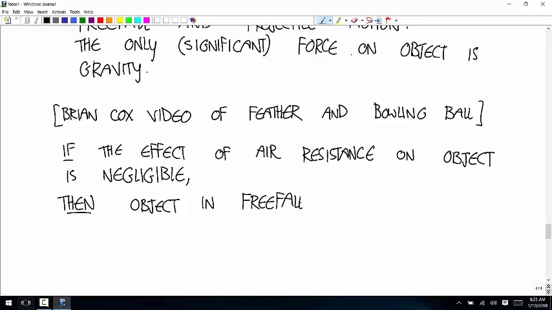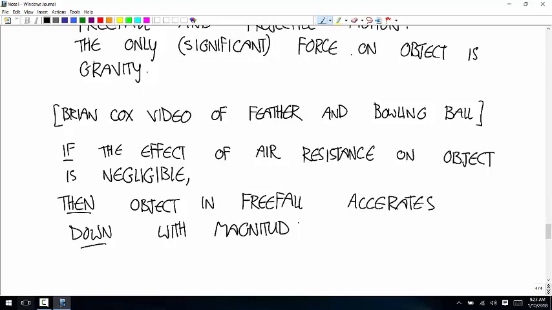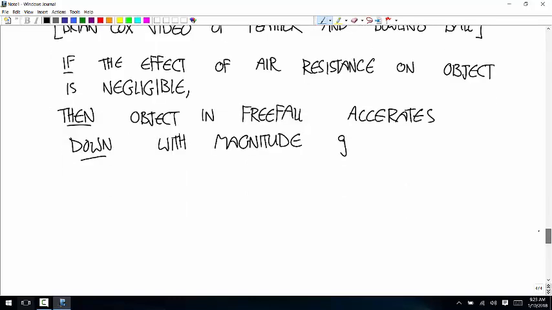All freefall means is that the only force acting on it at that instant is gravity. Then an object in freefall accelerates down with a magnitude g, lowercase g, and that g is equal to 9.81 meters per second squared.